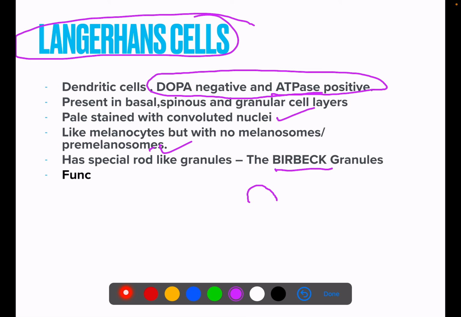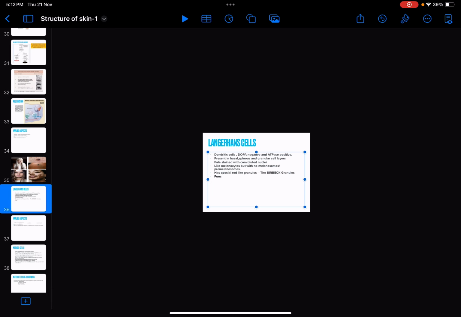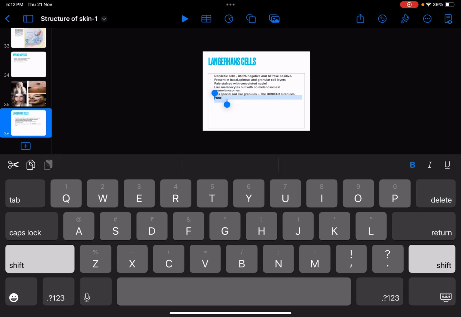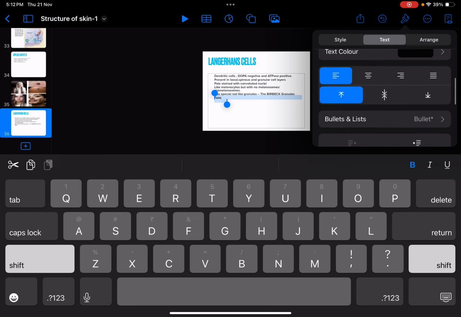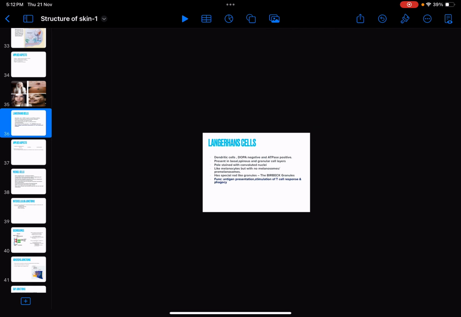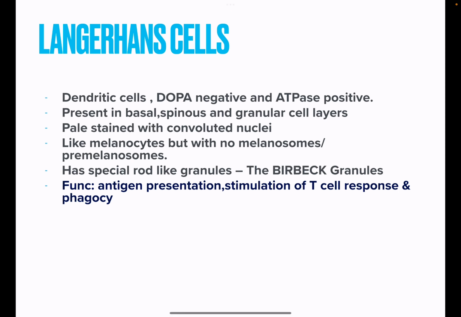Tennis racket-shaped granules, Birbeck granules.